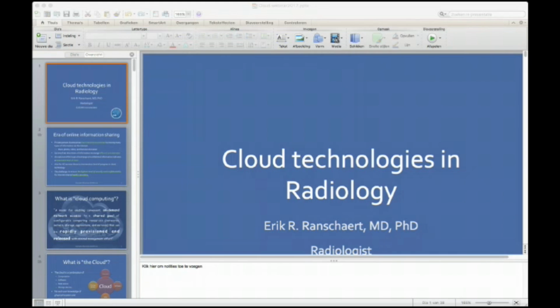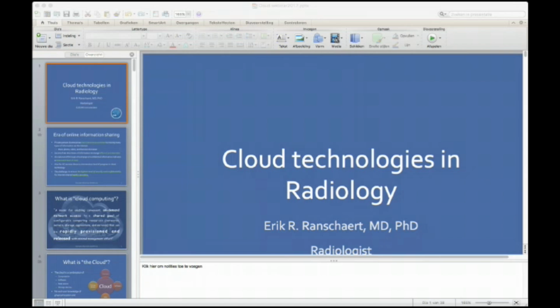What is the definition of cloud computing? Well, this is a broad definition. It's a model to enable convenient, on-demand network access to a shared pool of configurable computing resources that can be rapidly provisioned and released with minimal management effort.